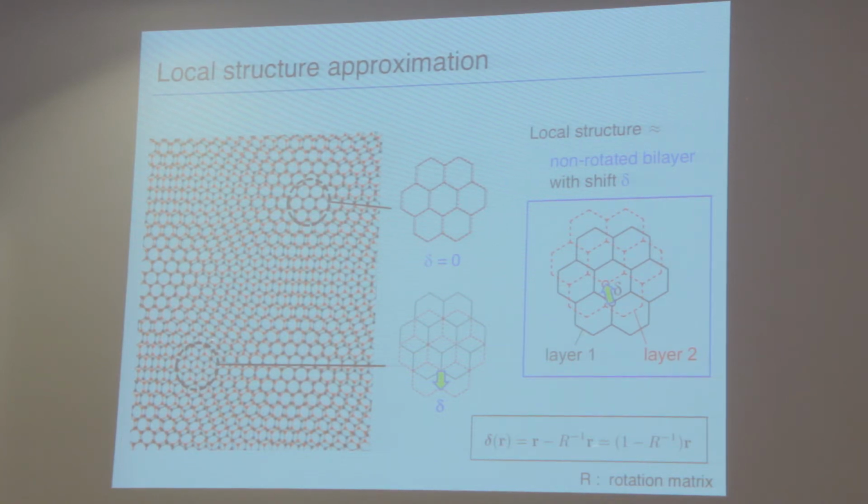This is an example with a small twist angle. Now, if you look at a certain part, for example this part, it really looks like just parallel graphene without any rotation. But if you go to some other point, it again resembles non-rotated bilayer graphene, but with a certain parallel shift, delta.